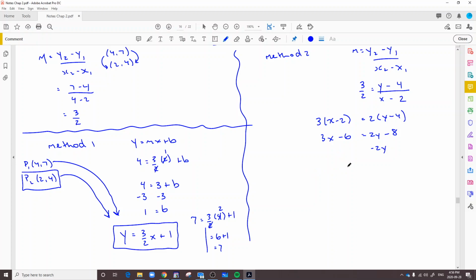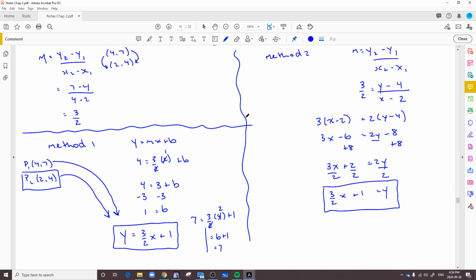I'm so used to solving for standard form that I always think I'm still solving for standard form. So I'm starting to solve for y. I'm going to add 8. I get 3x plus 2 is equal to 2y. And then I'm going to divide everything by 2. I get 3 halves x plus 1 equals y. I get the same answer. And again, for either of these, if you use the other point (4, 7), I would get the same answer.